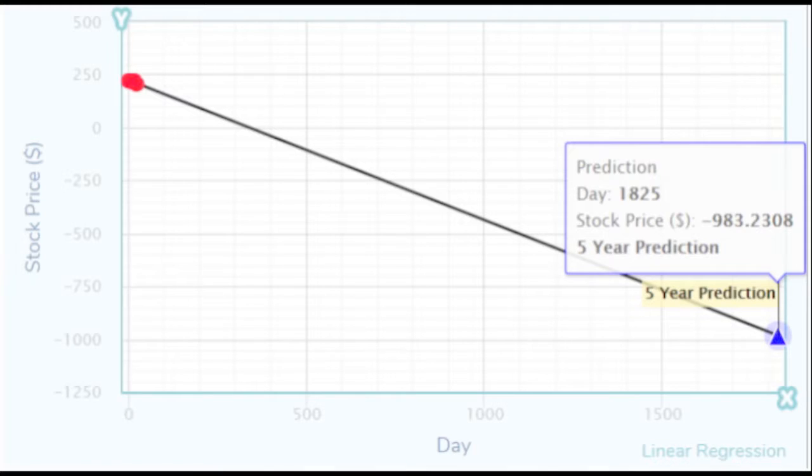To predict the value of Apple's stock after 5 years, we used the slope-intercept formula, and as a result, we concluded that the stock price for Apple after 5 years is negative $983.03 per share. Next, to calculate the total value of our Apple stock, we multiplied negative $983.05 by 50, which is the number of shares, to get negative $49,152.